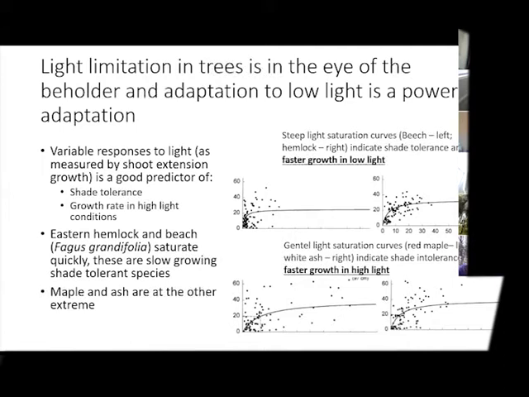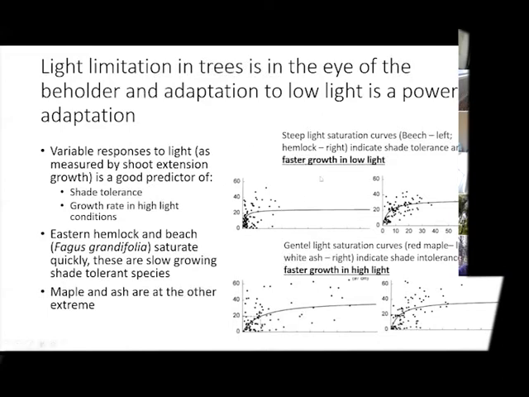Light limitation in trees is a really helpful thing to understand, but it's also quite relative. Certain trees are going to be more limited by light in certain conditions. I drew that little cartoon, but their paper shows empirical evidence to support it.